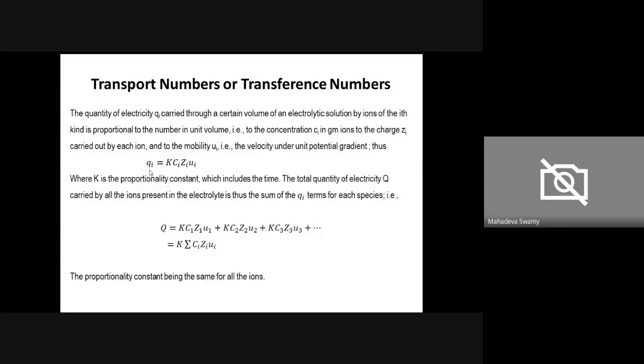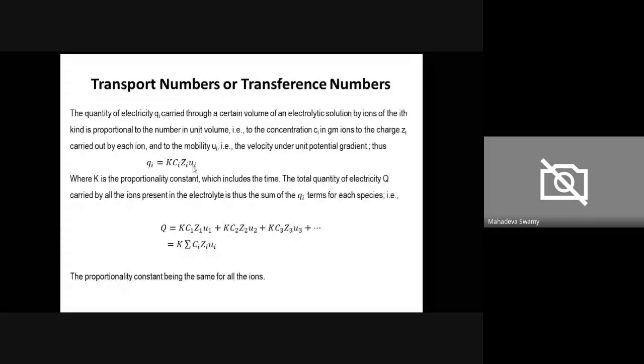This Qi is directly proportional to Ci Zi Ui. That is, Qi is equal to K, the proportionality constant, times Ci Zi Ui. Already you know Ci is the concentration of the ith kind, Zi is the charge on the ith kind, and Ui is the mobility of the ith kind.